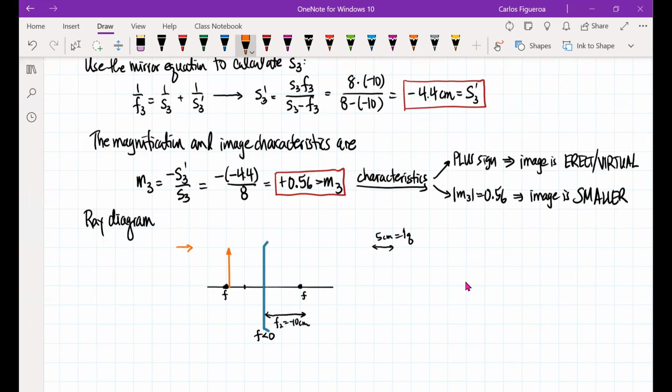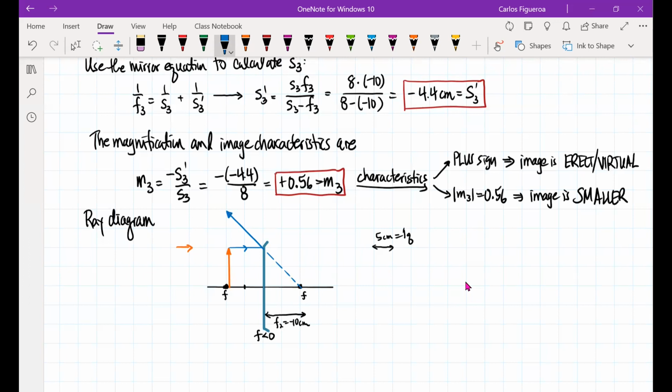So now let's draw my rays. So the first ray goes parallel to the axis, and then it diverges when it hits the mirror. So then that means it goes here. Now I'm going to follow this guy back. So there's ray number 1.